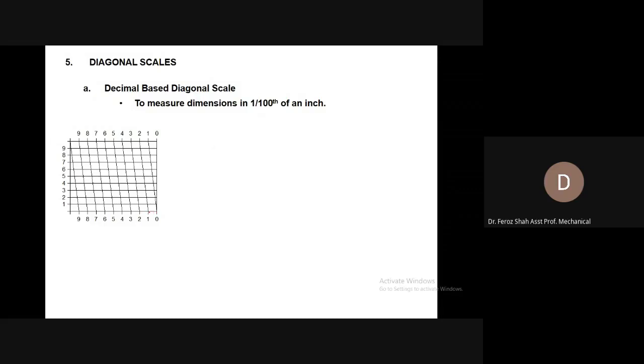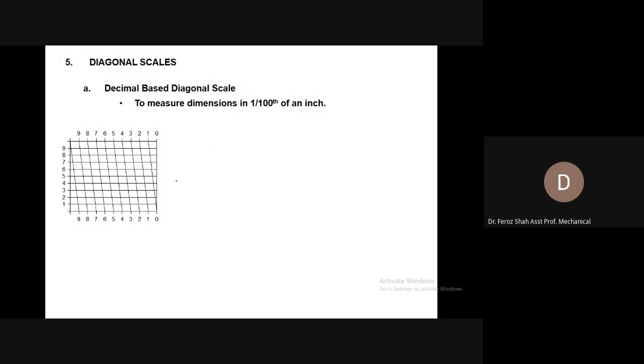Each division from 0 to 1, from 1 to 2, is 1 by 10 of an inch. And this 1 by 10 of an inch has further been divided into 10 equal parts each. So a total of 1 by 100 divisions.